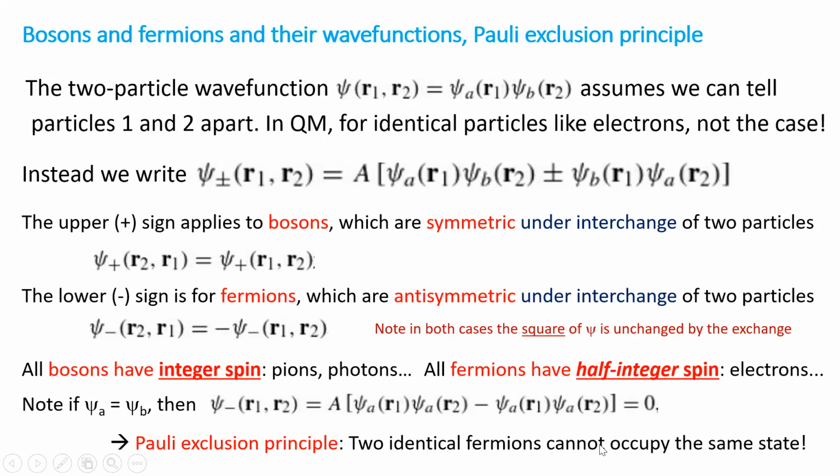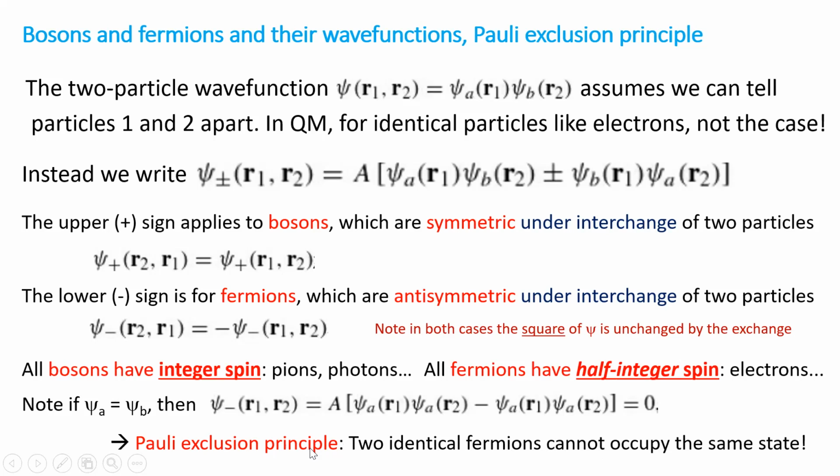And this has big implications for the behavior of both metals and of atoms, because in atoms we have electrons in successive states, and instead of all the electrons sharing, say, the lowest energy state, the ground state of an atom, they have to occupy different states, which gives rise to the periodic table and the properties of atoms. So this is actually an extremely consequential physical principle, the Pauli exclusion principle.